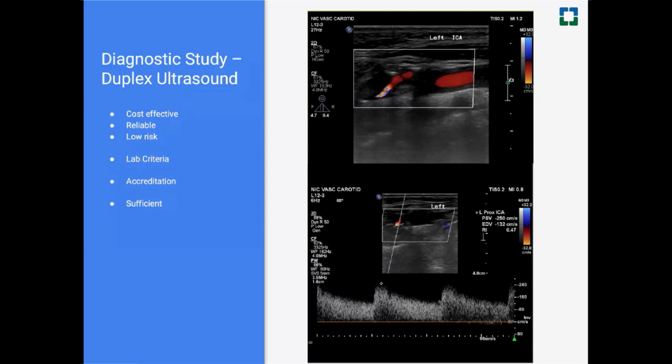The simplest one to use is the Society of Radiologists in Ultrasound consensus criteria, the SRU consensus criteria, which groups these lesions to less than 49%, 50 to 69%, and 70 to 99%, giving you a clear delineation of mild, moderate, and severe disease. There's the addition of near occlusive or greater than 99%, but not occluded, and then occluded, and then at the bottom end of the scale is normal.